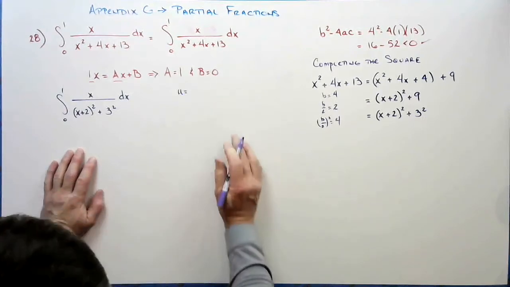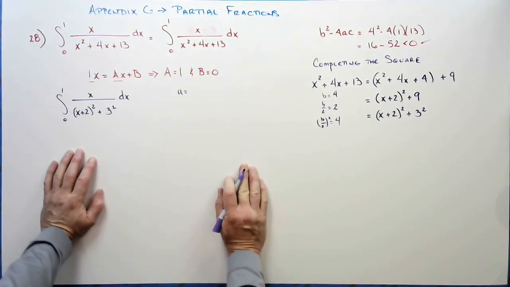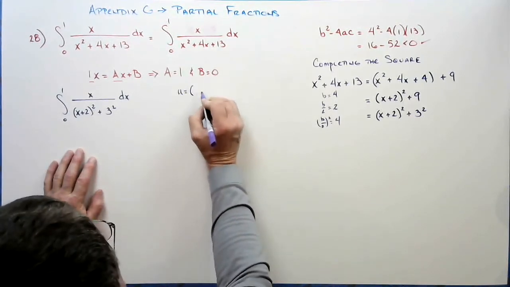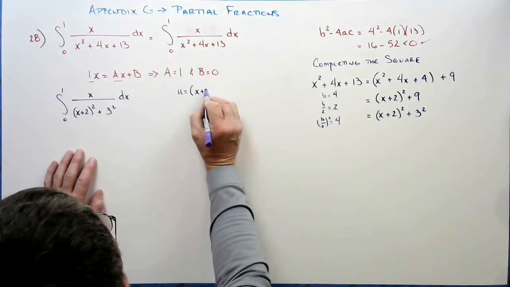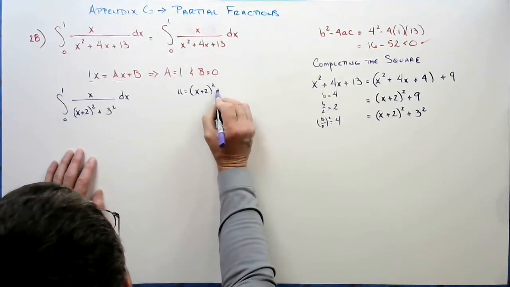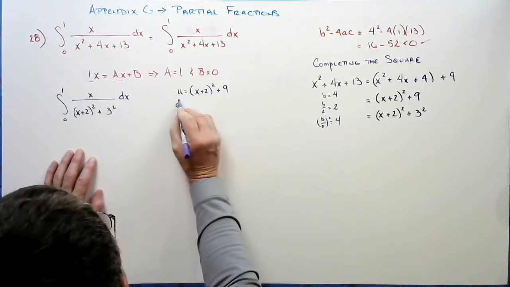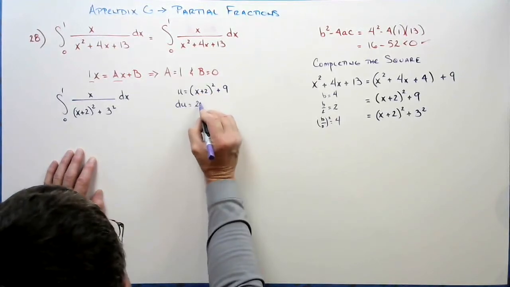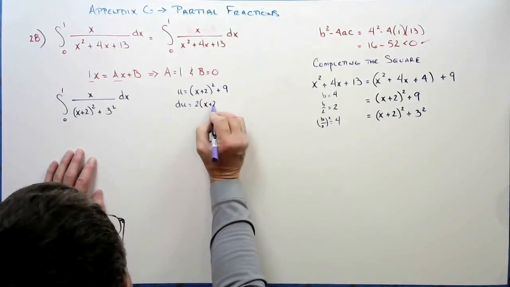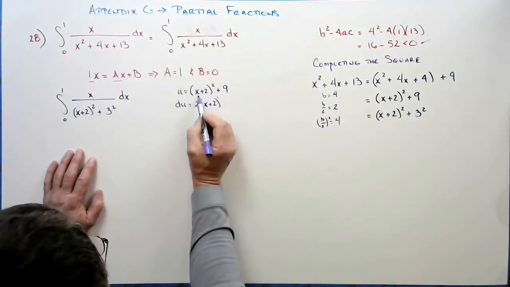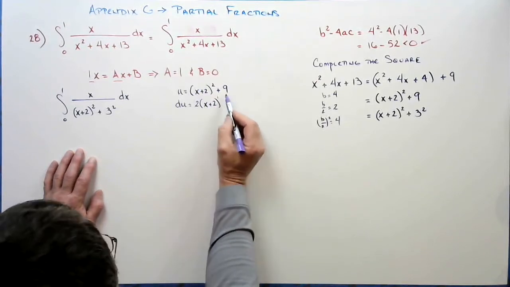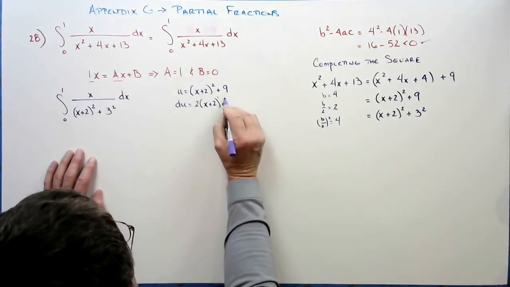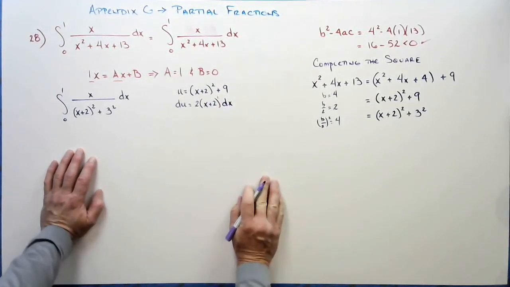When all else fails, let's just see what happens if we try u sub. If I let u be x plus 2 quantity squared plus 9, and we take the derivative of that, chain rule, down comes the 2, x plus 2 to the first, the derivative of x is 1, the derivative of 9 is 0, here's my dx.